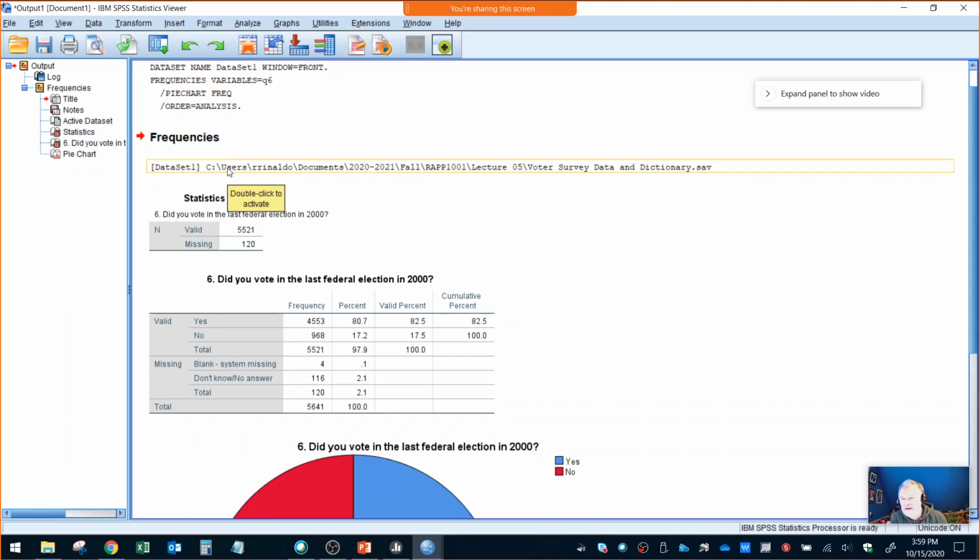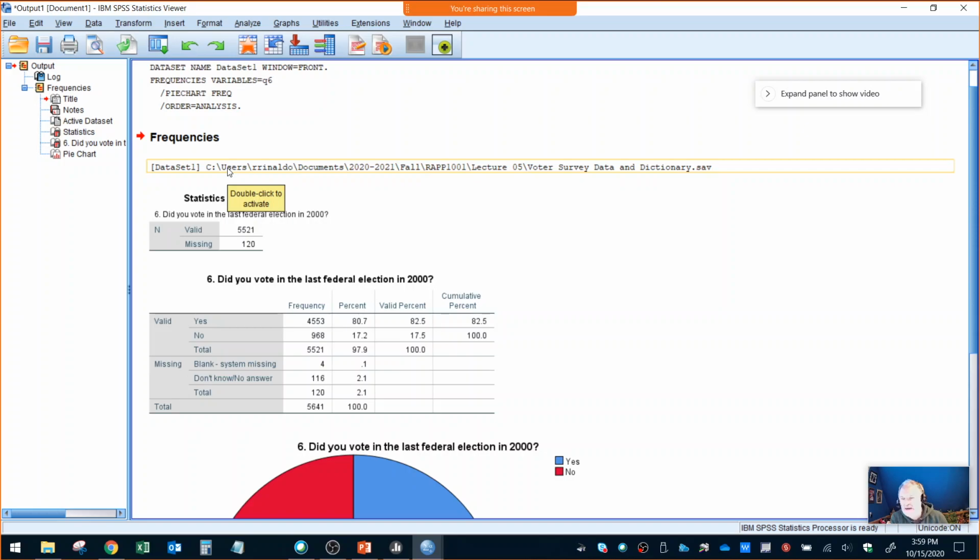As you can see here, Frequencies is the procedure, and then VARIABLES=Q6. So when SPSS runs a procedure, it uses the variable name as the identifier, which in this case is Q6. And then the subcommands with the slash, pie chart, frequency, order, analysis, that's just the order it's in.